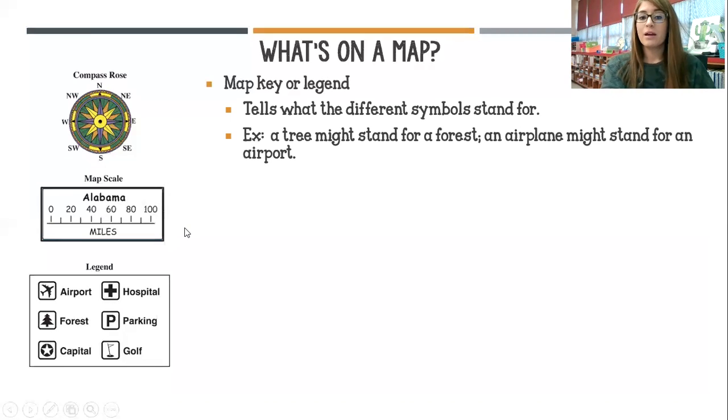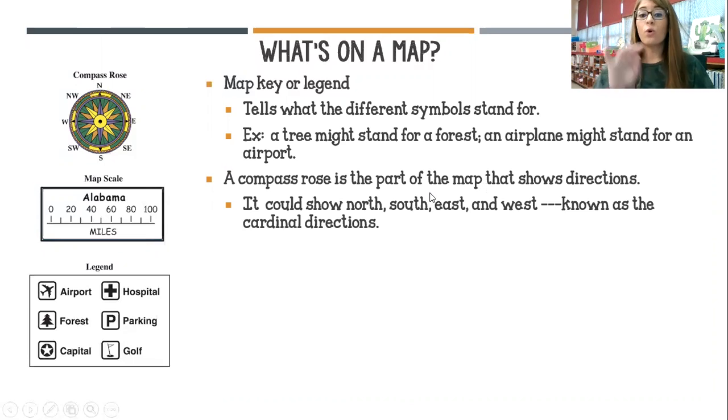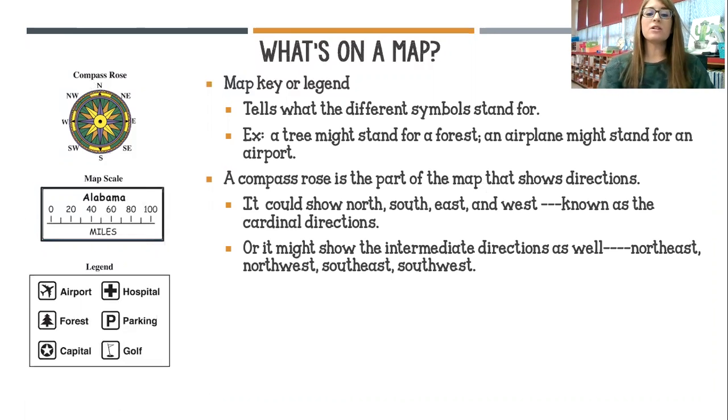A compass rose, which is right here, is a part of the map that shows us directions. There's 4 cardinal directions: north, east, south, and west, or Never Eat Soggy Waffles if you want to remember which direction is which and which order they go in. But then there's also intermediate directions, which are the directions basically in between the cardinal directions.